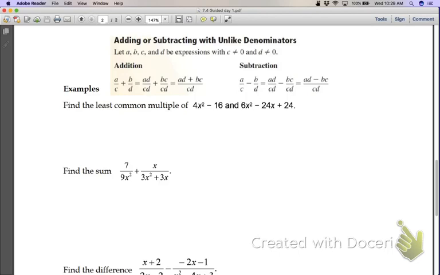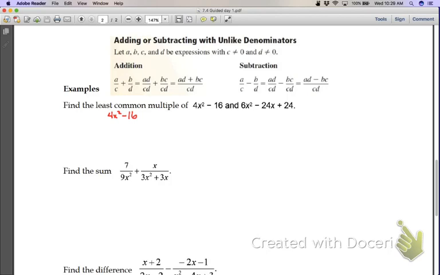So like if it says the least common multiple of 4x squared minus 16 and 6x squared minus 24x plus 24, with each of these I'm going to factor everything out first. Okay, red. So if I have 4x squared minus 16, factor everything out.